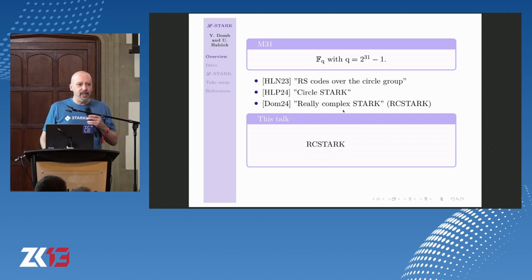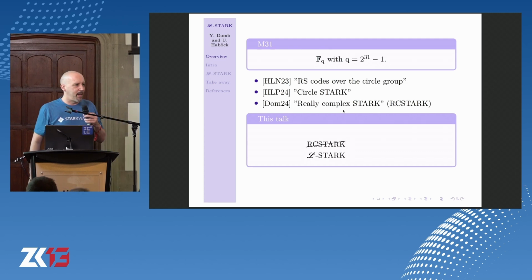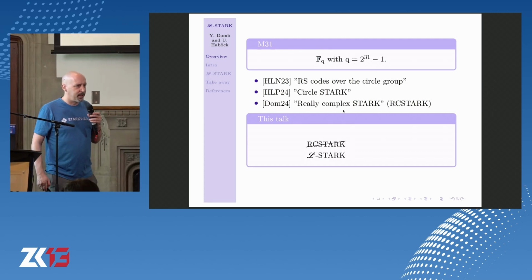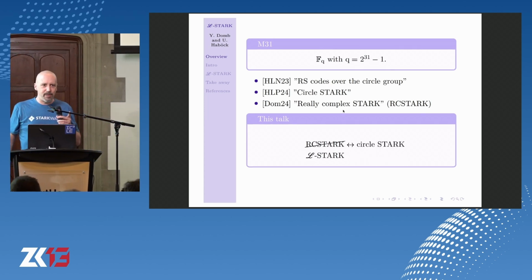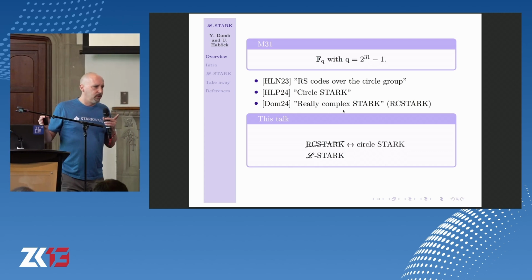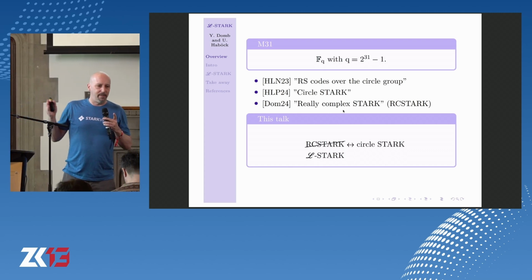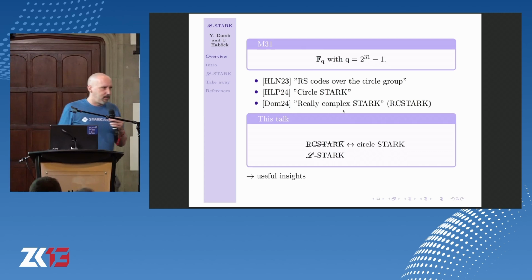Concretely, the write-up that we're going to publish will formalize the RC Stark. We give it a better name: we'll call it the Laurent Stark, for reasons we will see in a second. And more importantly, it describes the relation, the geometry. What does the RC Stark have to do with the Circus Stark? The takeaway was quite surprising for me.